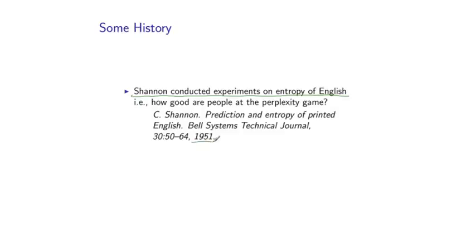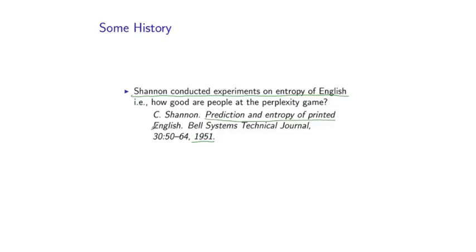Claude Shannon was really a huge early figure in information theory. And he actually did experiments where he looked at basically bigram, trigram language models and so on, building as we did from Markov processes as a starting point. And it's a very interesting paper.